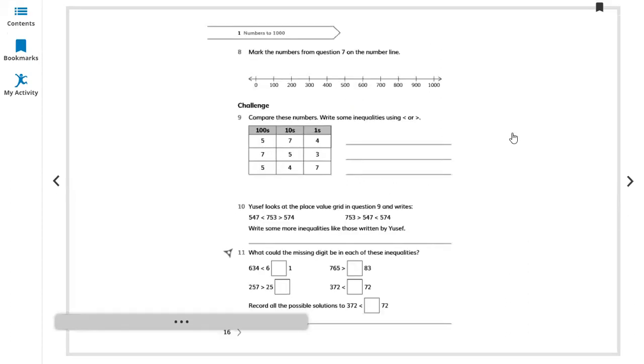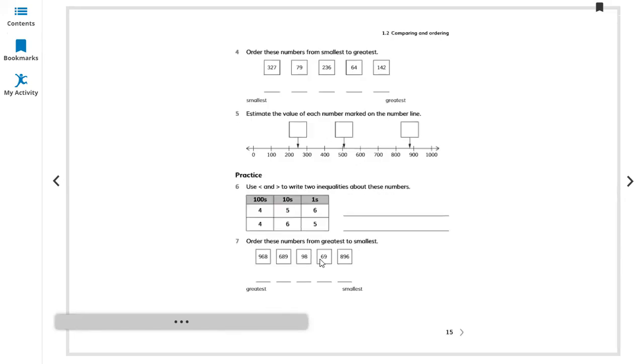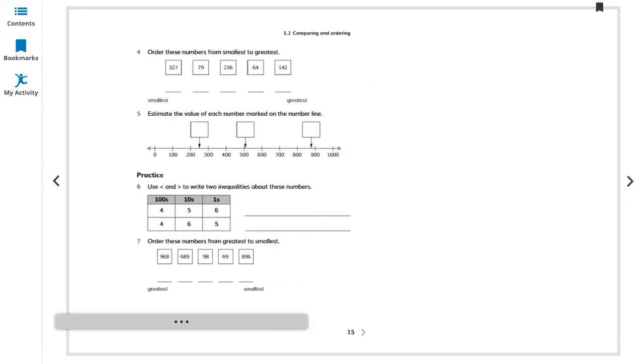Question number 8, mark the numbers from question 7 on the number line. So we need to move backward. We have here the numbers 69, 98, 896, 689 and 983. Let's do it, making marks.